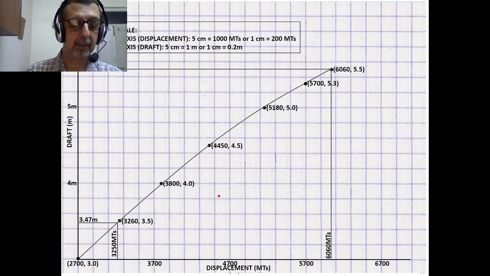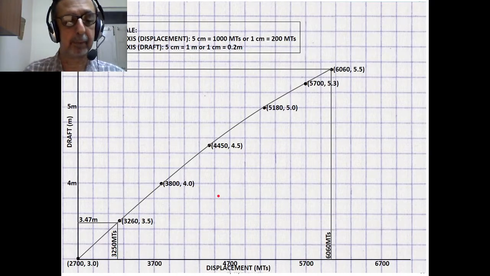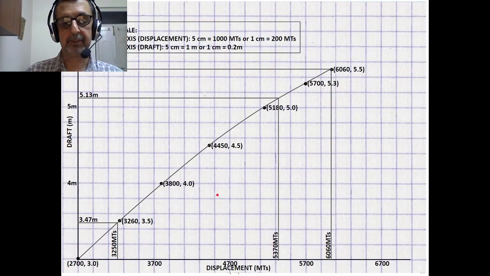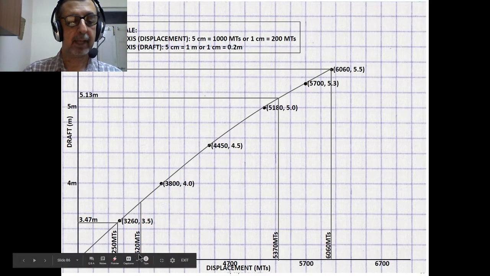At 3250 metric tons, we will have a draft of 3.47 meters. At 5.13 meters, we have a displacement of 5370 metric tons.